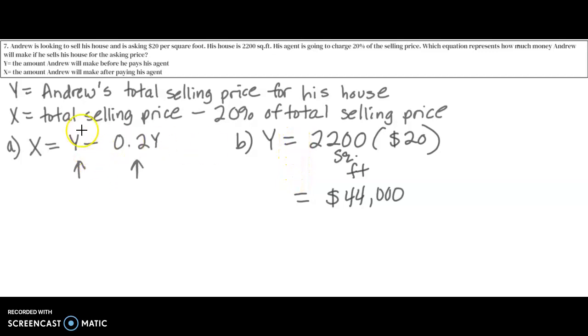And obviously, going back to the original problem here, so going back to problem A, well, actually, let's make C the continuation of A. So C would be X equals Y minus 0.2Y.